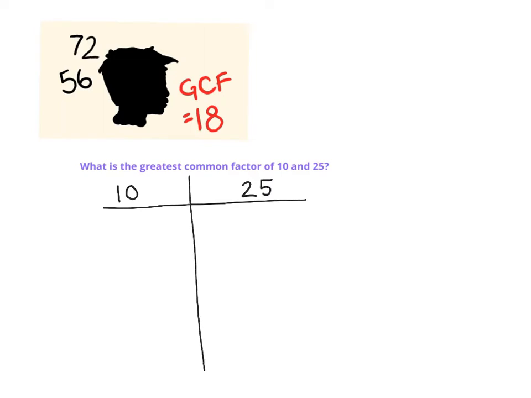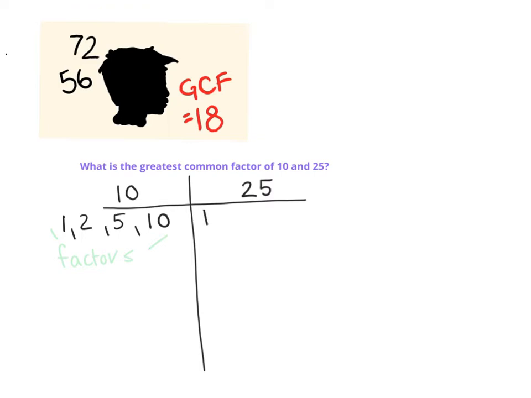So first we know that 1 times 10 is 10, 2 times 5 is 10, and there aren't any other whole numbers that make up 10 other than 1 times 10 is 10. So these are all of the factors that go into 10.